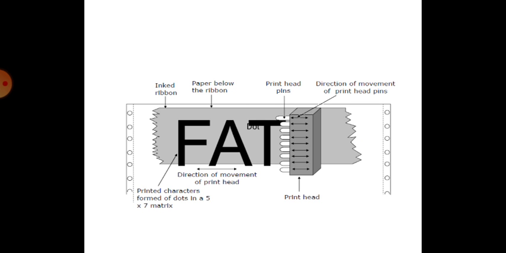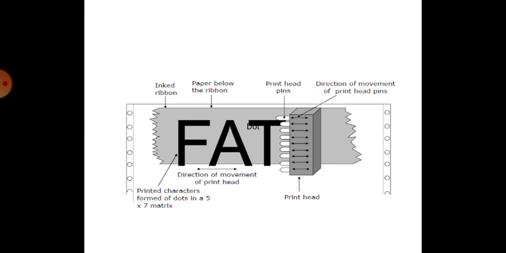In this diagram you can see there is an inked ribbon, and below that ribbon there is a paper. On one side of the inked ribbon there is a print head, and on the other side of the inked ribbon there is paper. The print head moves horizontally, left and right.